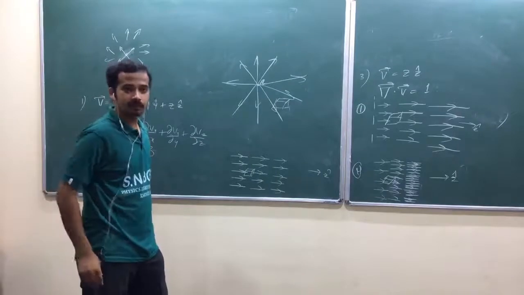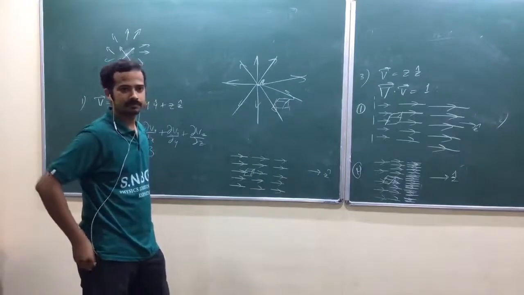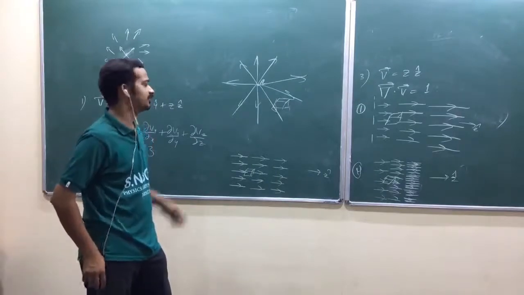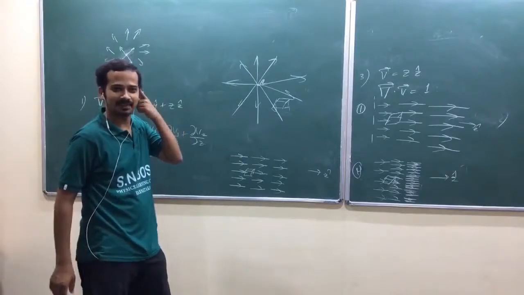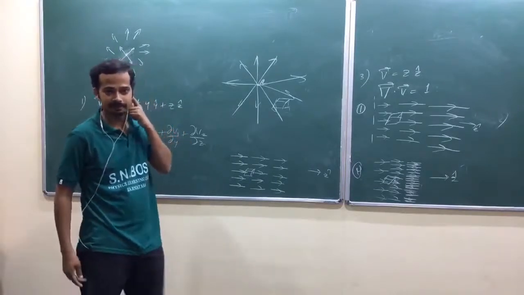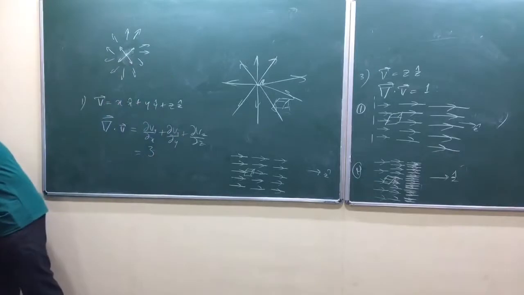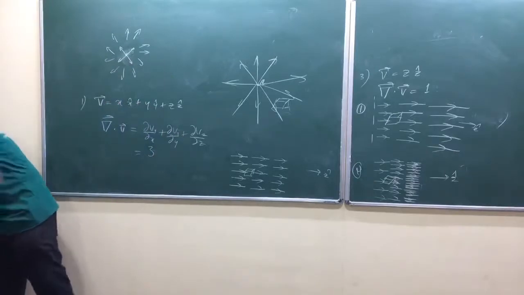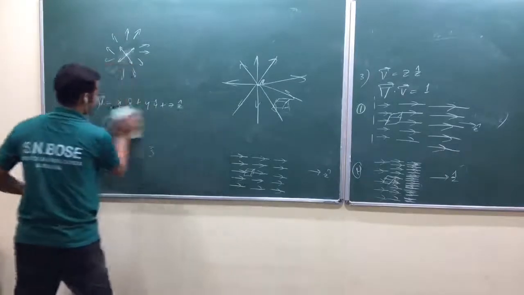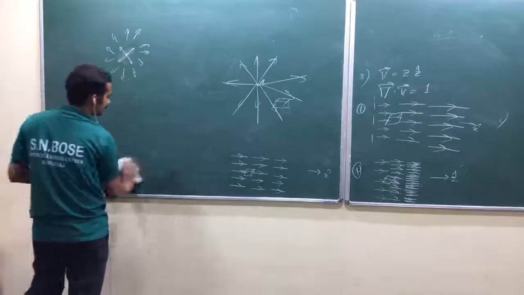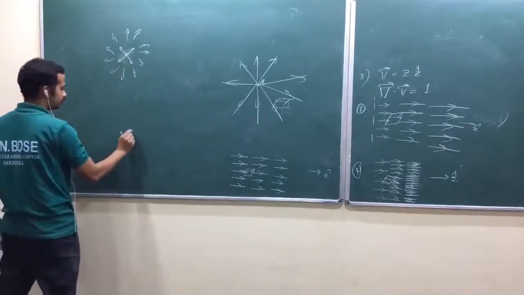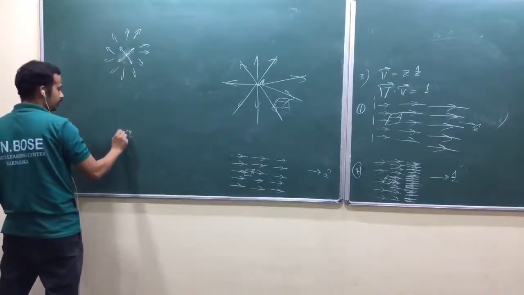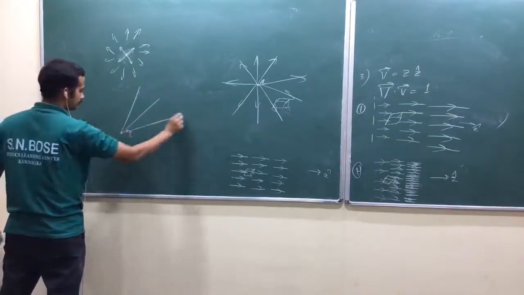No, we get 0 because it will not terminate at air. That is the other property. No, it's not due to the density of field lines decreasing from the plus Q charge. It is not due to that.